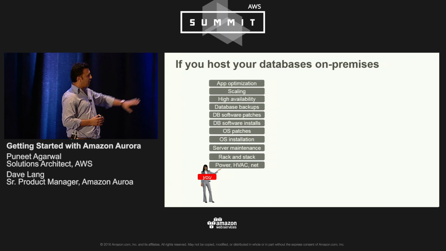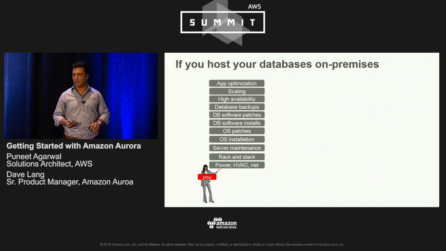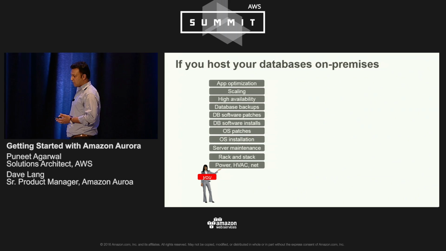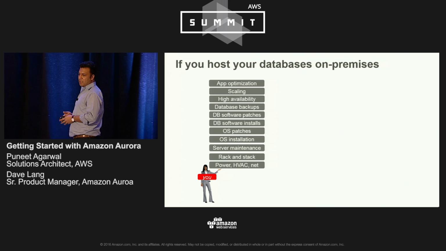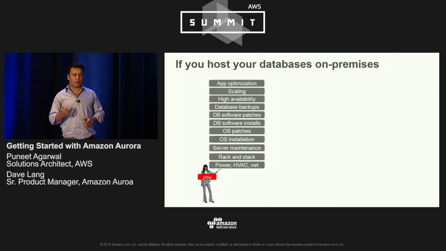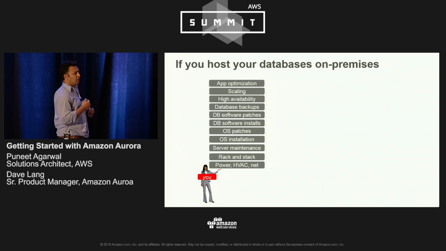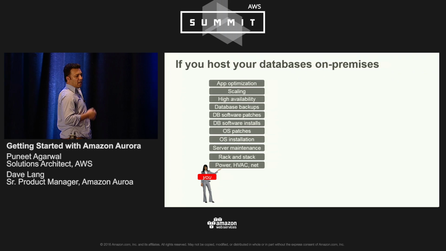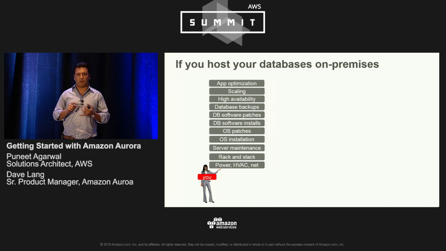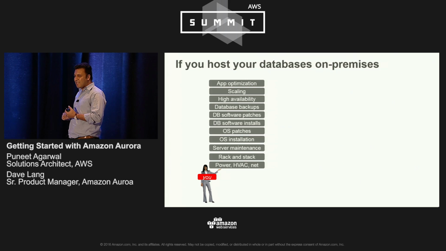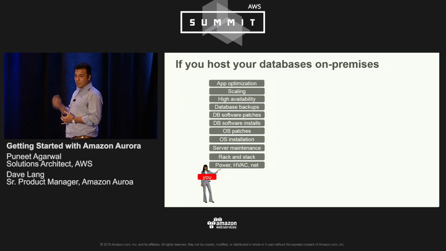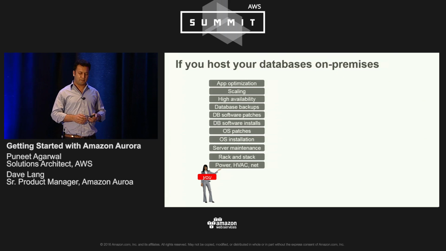You are responsible for everything, right? You will procure the hardware. Somebody in your team will rack and stack it. Somebody will install the operating system. Database software will be installed, and you will be responsible for patching. And then people will also be responsible for configuring high availability, scaling, database backups, and so on and so forth.